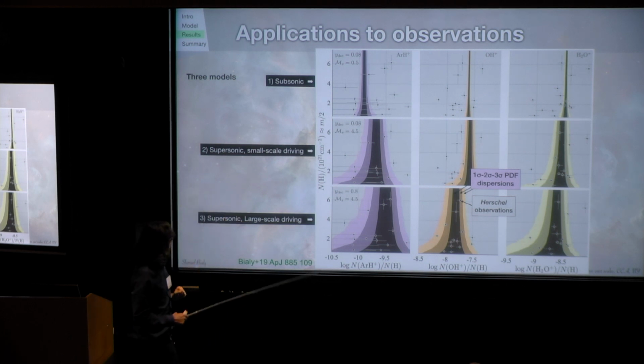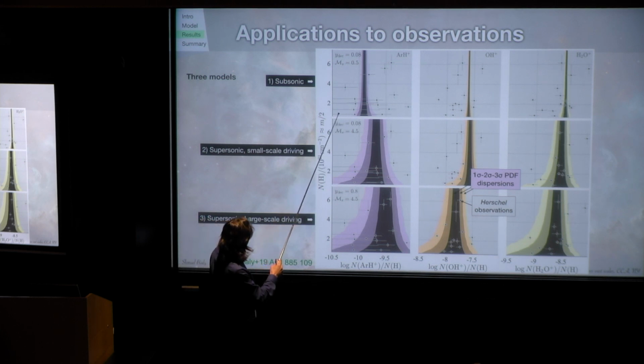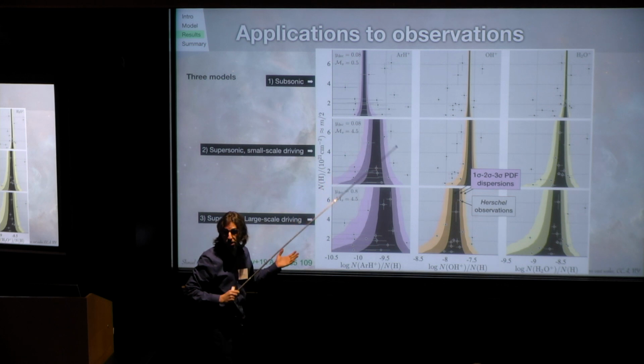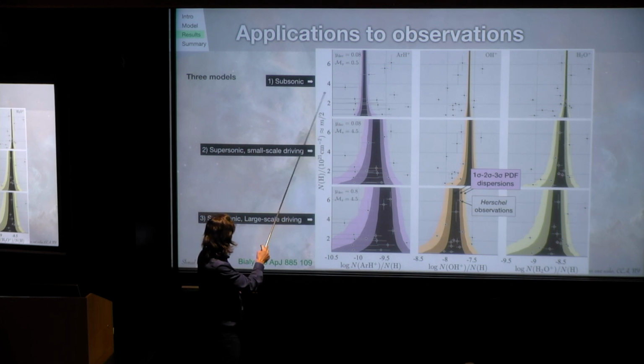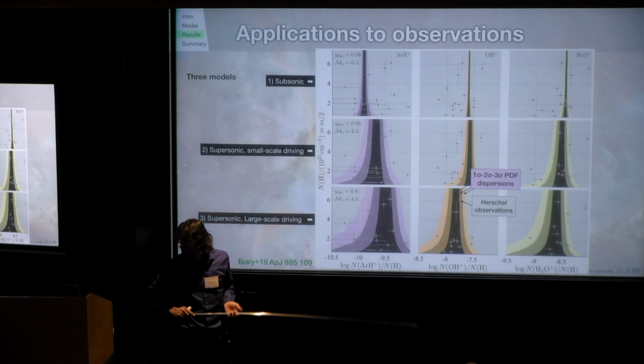What we can see clearly is that for the subsonic case, the observations have much larger dispersion than what is predicted by theory. As we increase the Mach number from subsonic to supersonic, the PDF becomes wider, but still not wide enough.